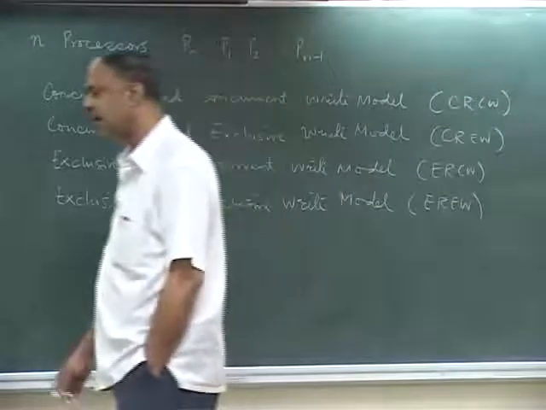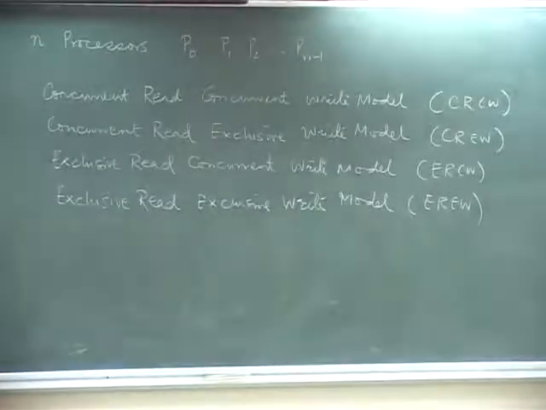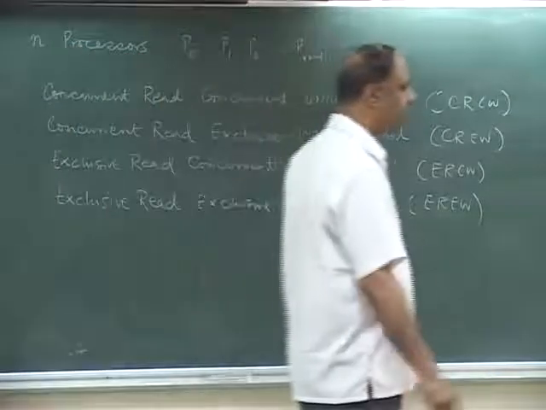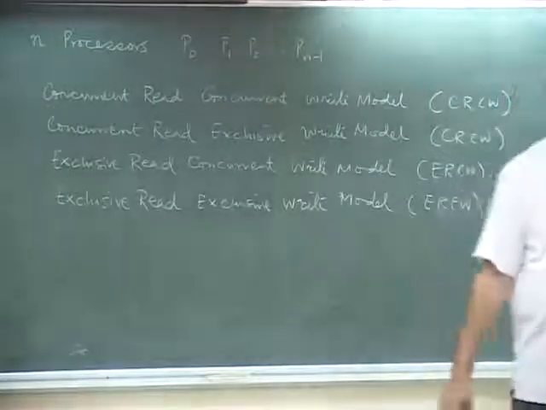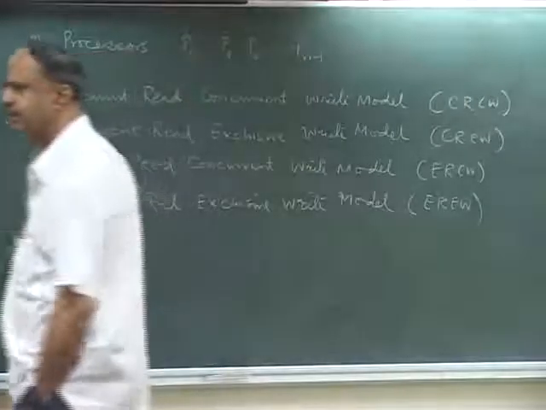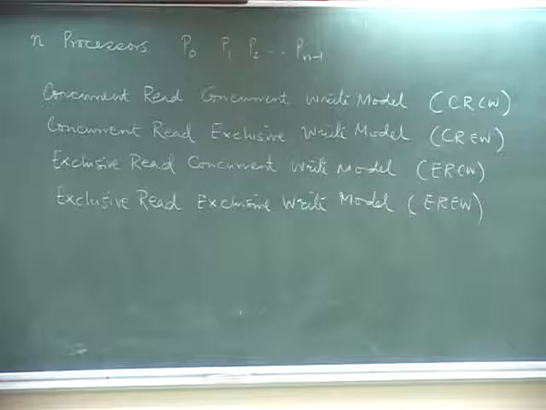Similarly, concurrent write means that two or more processors are allowed to write data into the same memory location. By exclusive write, we mean that no two processors are allowed to write simultaneously at a particular memory location at any instant of time.